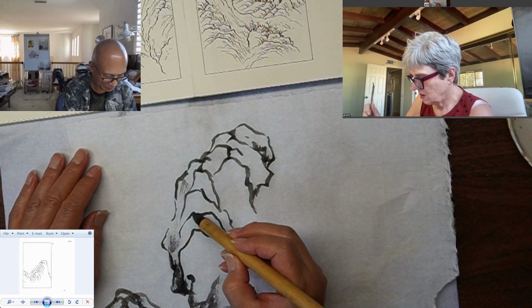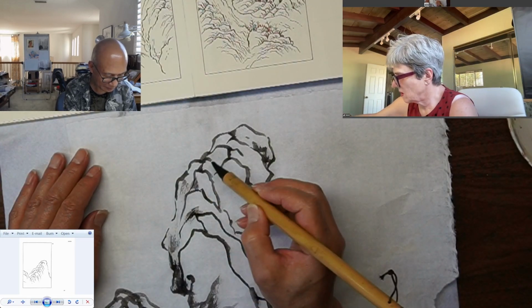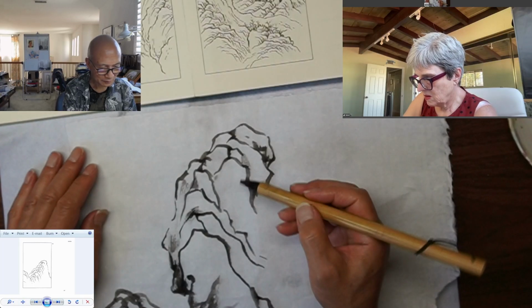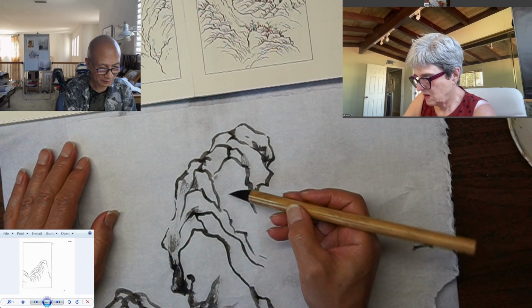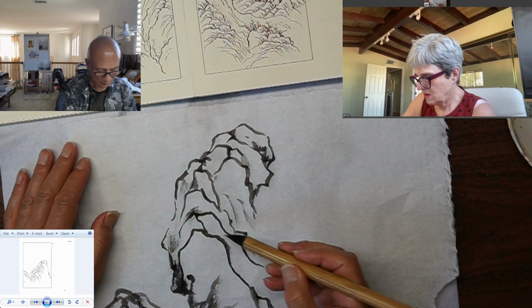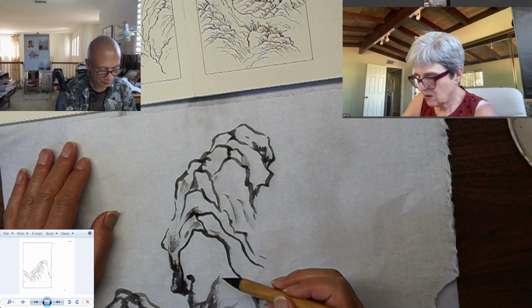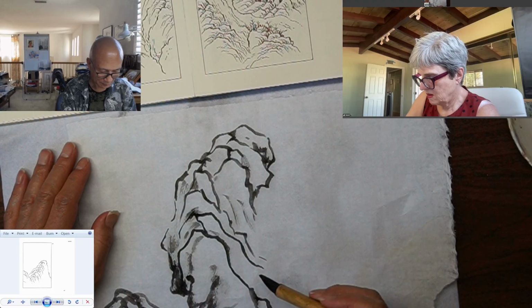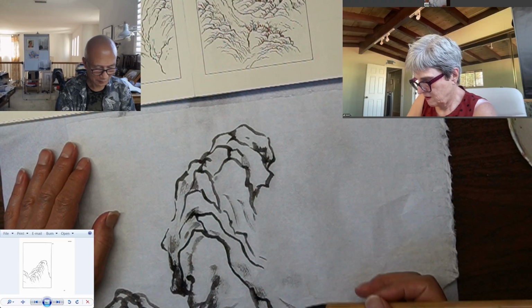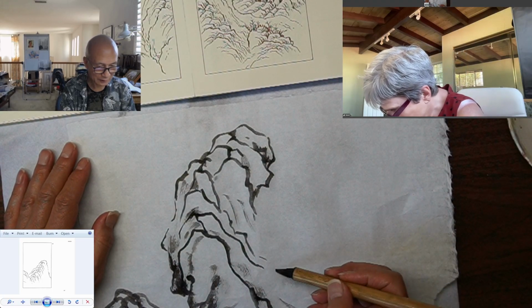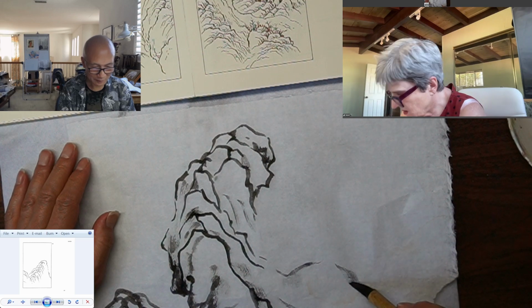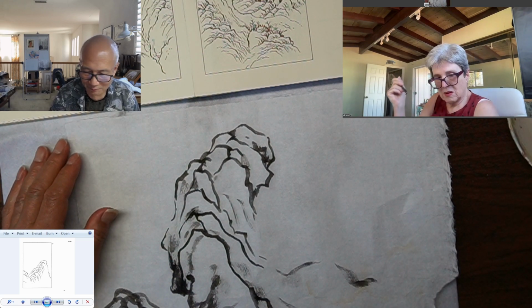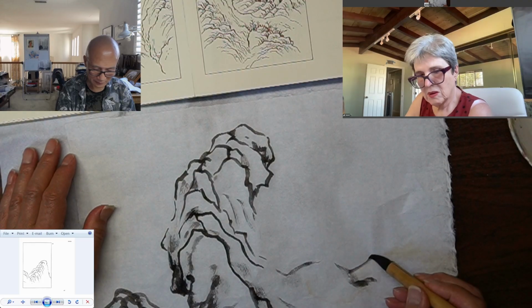I just did a little bit of shading to show the solidity. And then there is a guest, whatever you call it, on this side.